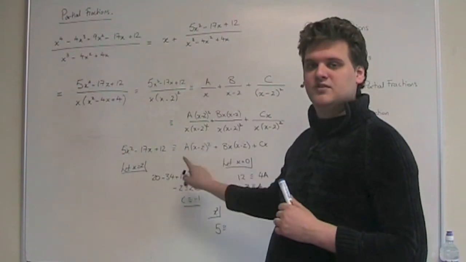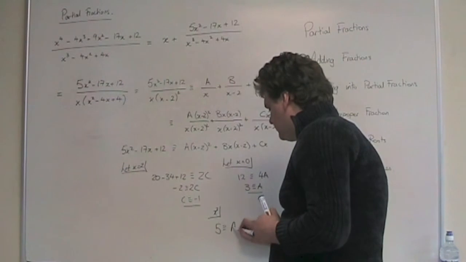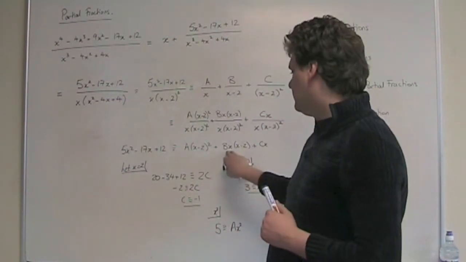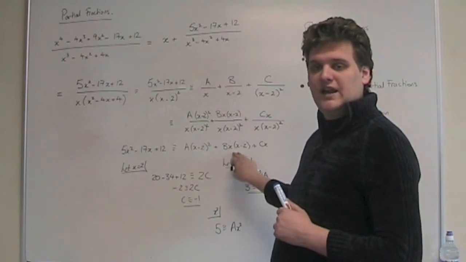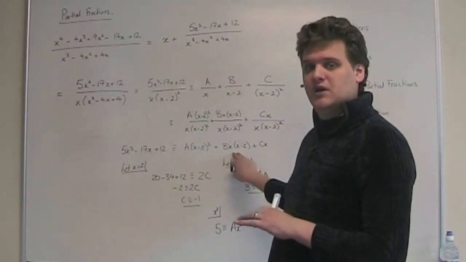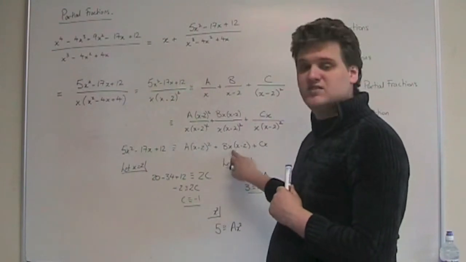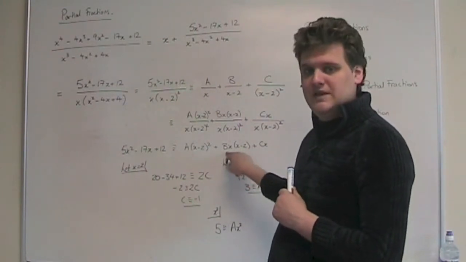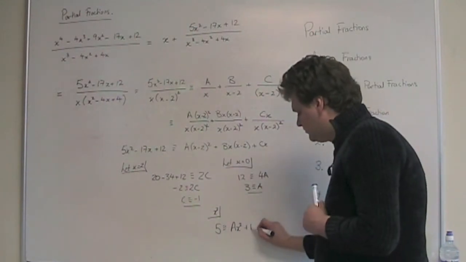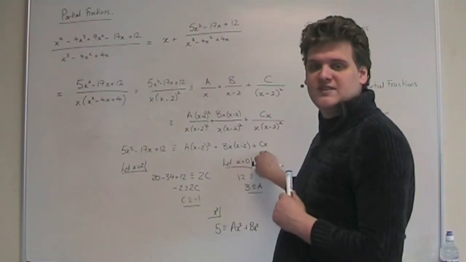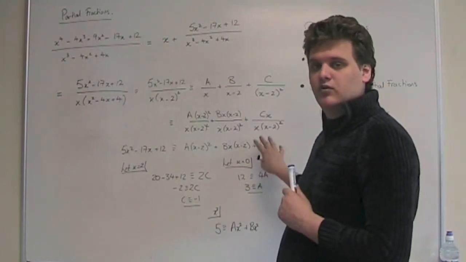So you've got a lots of x squared. Looking at the next bracket along, we're going to multiply that out, you're going to get an x squared, you're also going to get a minus 2x, but we ignore that because it's just an x term, we want an x squared term. So there's an x squared times b, so that's bx squared. This final term is cx. There's no x squareds there, so we can ignore it.